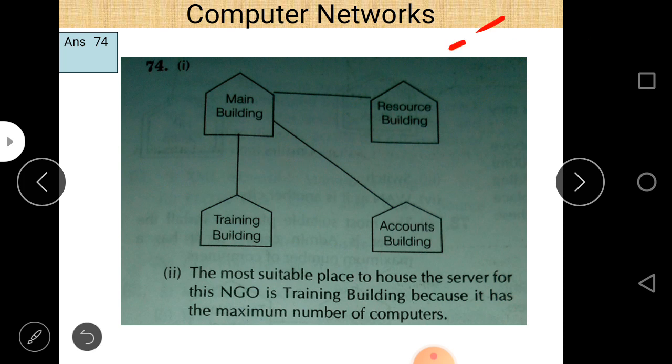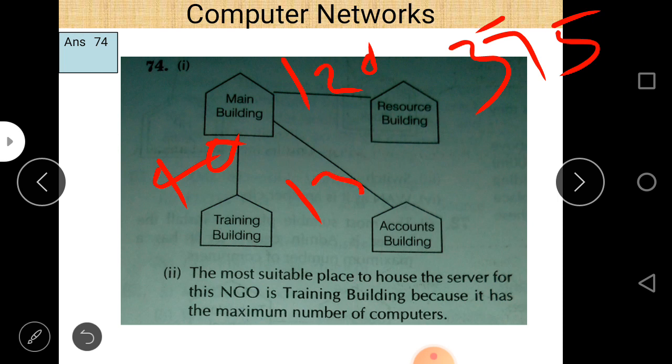This is our cable length, and according to the book's solution, the cable length is main building to training building 40 meter, main building to resource building 120 meter, and main building to account building 135 meter.